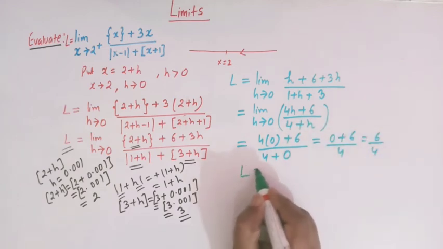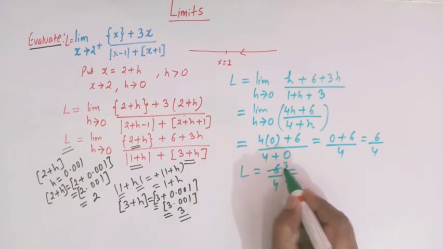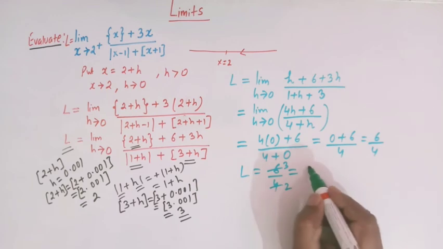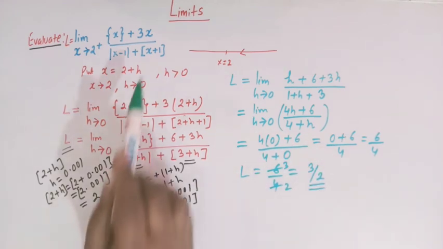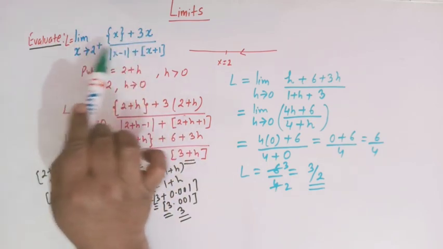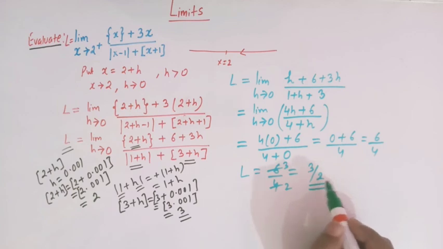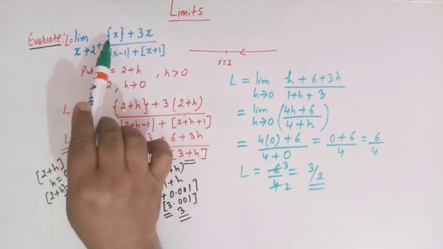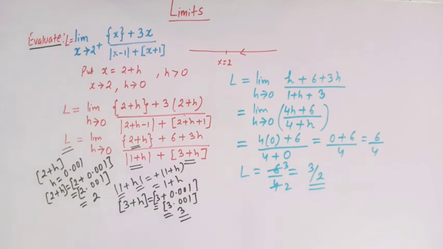Right, so the limit is 6 over 4, that is, 2 threes are 6, 2 twos are 4, so this is 3 over 2. Right, so viewers, the value of this limit is 3 over 2. So this is how we evaluate this important limit, which is a combination of the fractional part function, the absolute value function, and the greatest integer function.